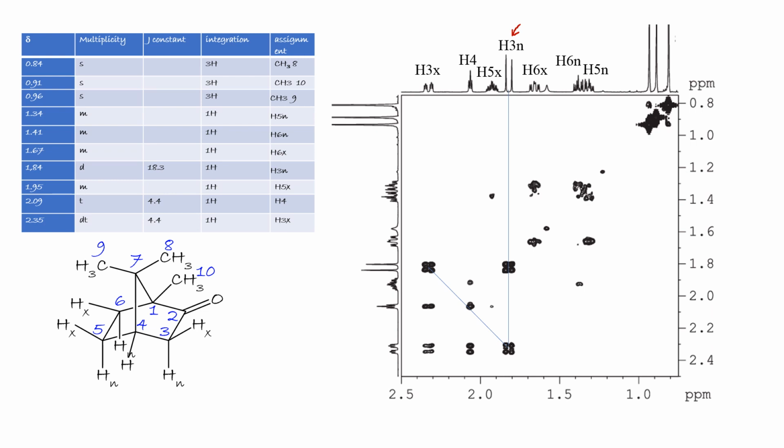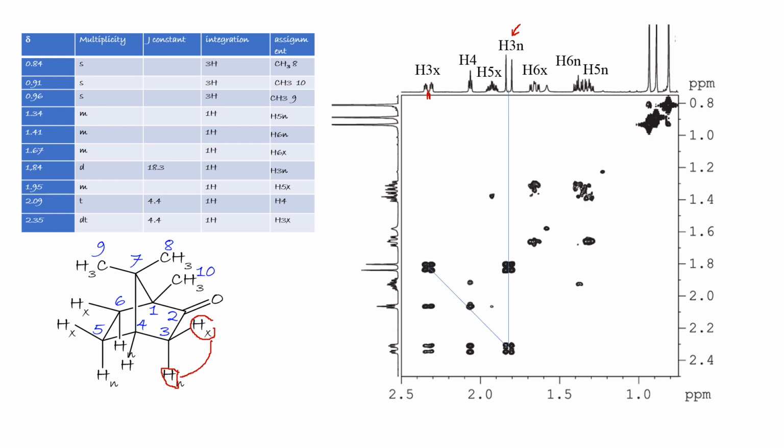So this should be H3X, which appears as a doublet of triplets. H3X is coupled with H3N by the J2 coupling, a doublet.